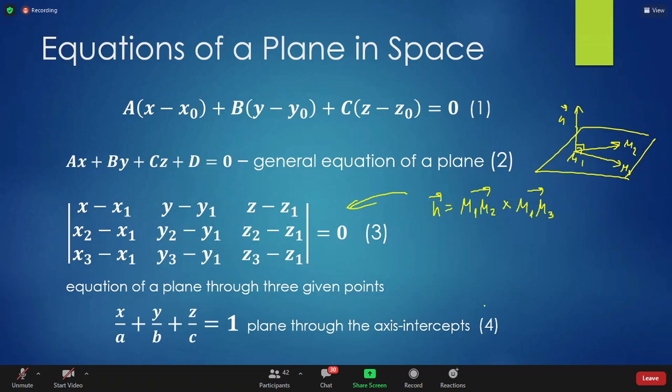For that, to understand this fourth equation, number 4, we need, again, a little sketch, a new one. So we assume, again, that we have the 3 coordinate axes, x-axis, y-axis, and z-axis. And we have points A, B, C on these 3 axes. Suppose A is on the x-axis, B is on the y-axis, and C is on the z-axis.